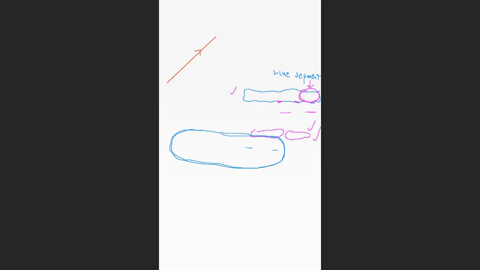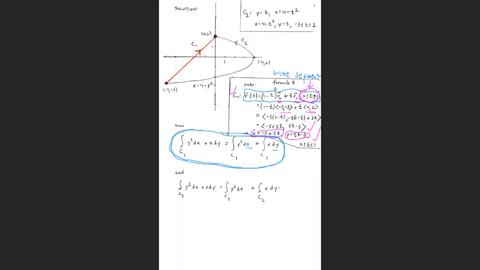Well, if we go back here to the picture, the second curve is the parabola given by x equals 4 minus y squared. You could go into Desmos and easily graph that. It starts at negative 5, negative 3 and ends at 0, 2 as well.